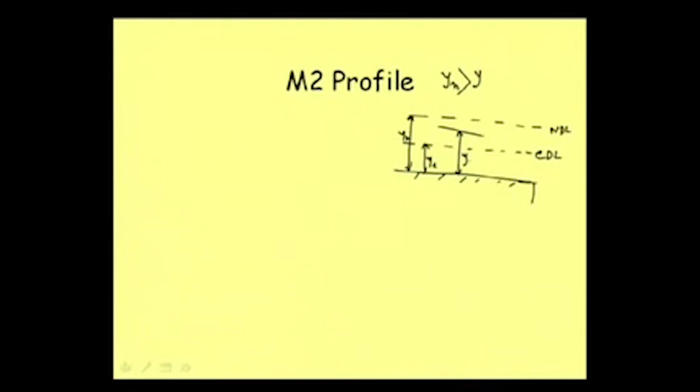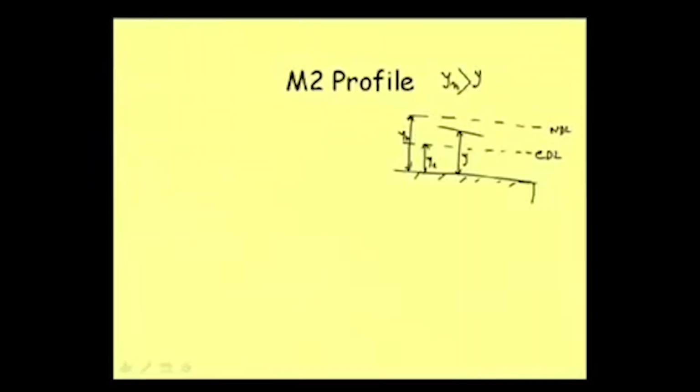The profile will always be between Yn and Yc, so y is bound to be less than Yn, but depth y is always greater than Yc, because the lowest limit of the M2 profile, or rather the lowest limit of zone 2 itself, is the critical depth line. So Yn is greater than y, and y is greater than the critical depth Yc.